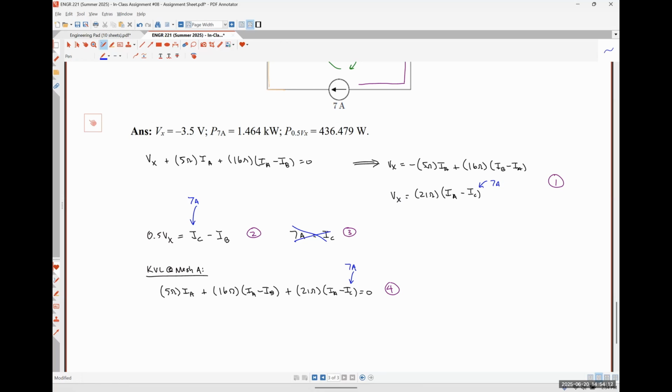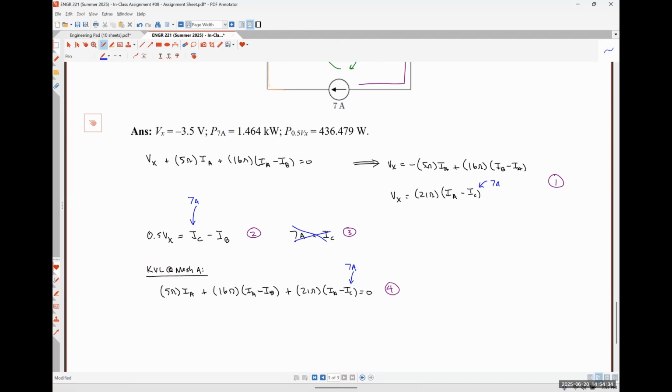My coefficient for IB is going to be 0. My coefficient for Vx is going to be -1 when I move it to the other side of the equal sign. And then my constant term is going to be 21 times 7 when I move it to the other side of the equal sign.